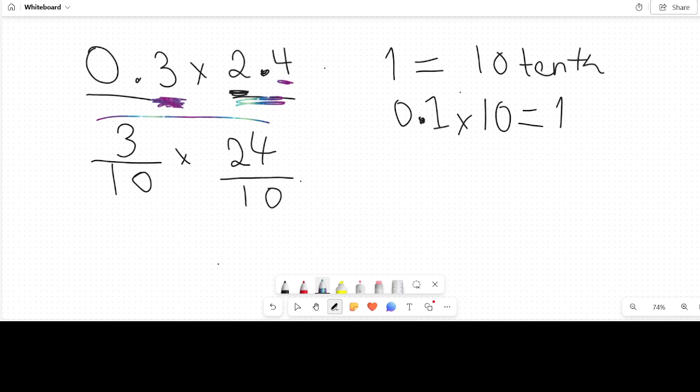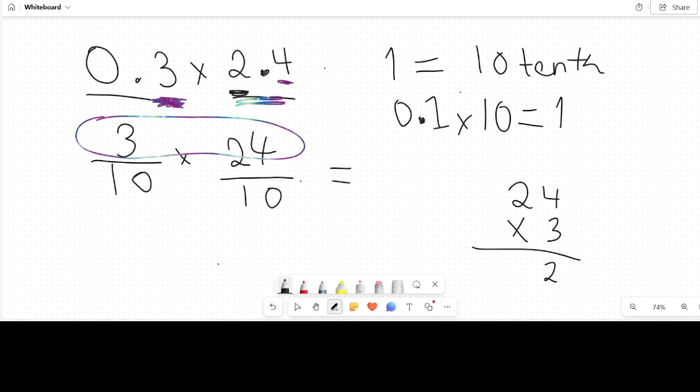As is always the case when you're multiplying fractions, you multiply out your numerators. So 3 times 24, I'm going to do it off to the side. I'm going to multiply my ones place first. 3 times 4 is 12. I carry my 1/10, then I move on to my tens place. 3/10 times 2/10 is 6/10 plus 1/10 is 7/10.